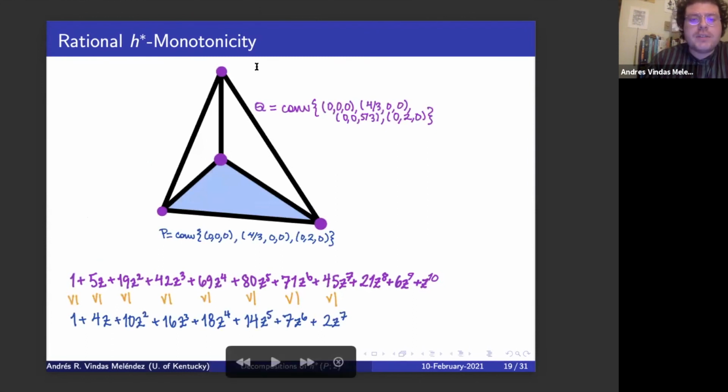Q is this tetrahedron, and P is this bottom triangle. Here I've computed the H star polynomials, and these will dominate the coefficients in each position.